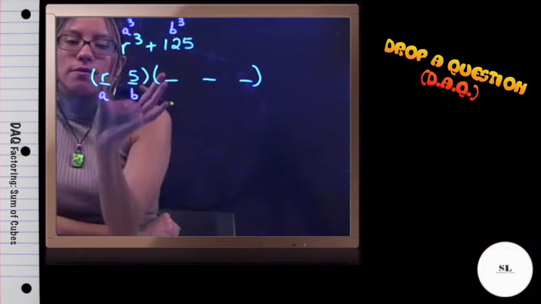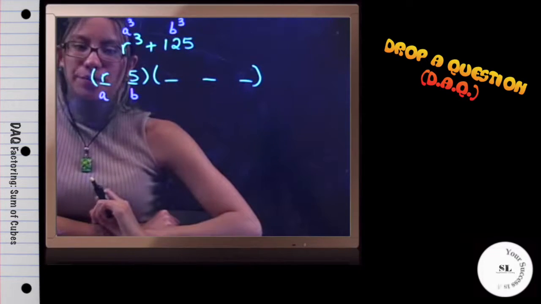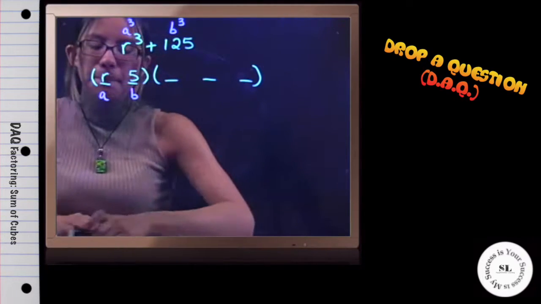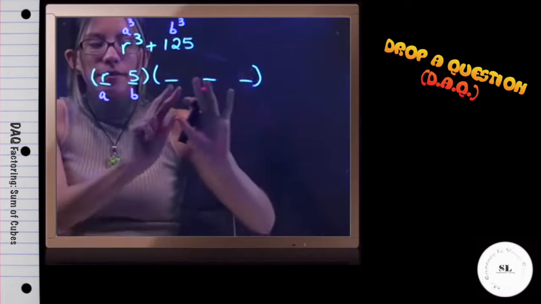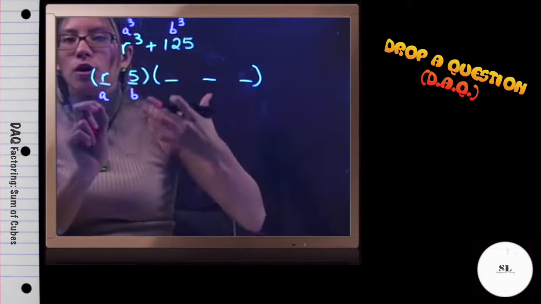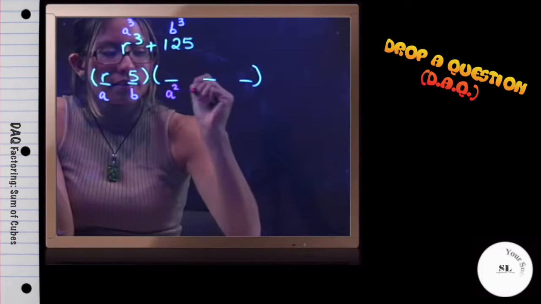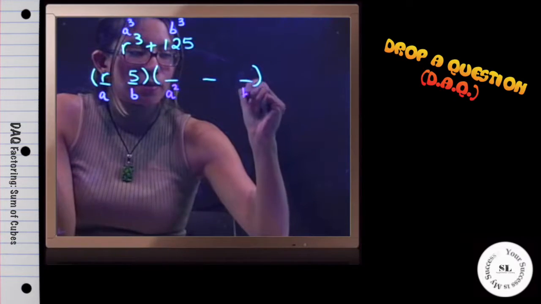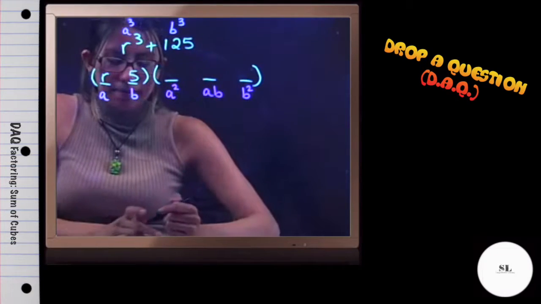And you always want to fill out the first group first because that's where your second group is going to come from. Okay? And now our second group, we're actually going to fill all of this first with the placeholders, and then we'll go back and put in the signs. This will be a squared, this will be b squared, and our middle term will be a times b.